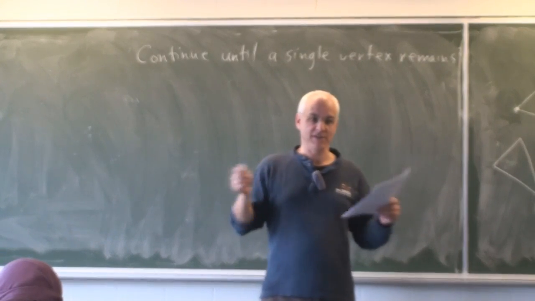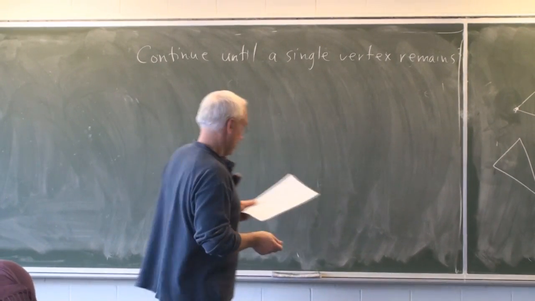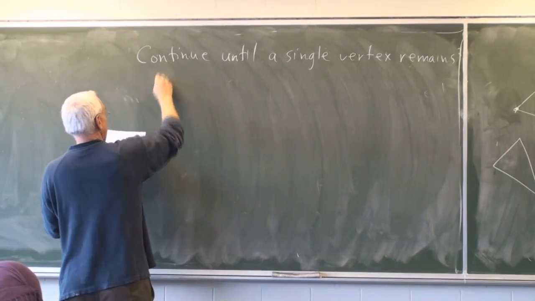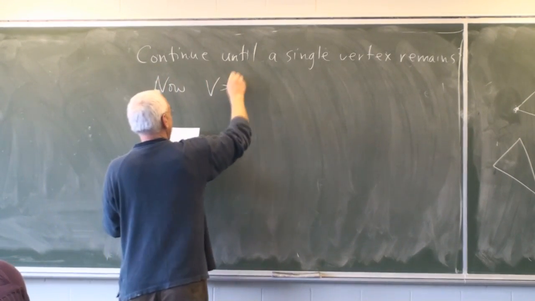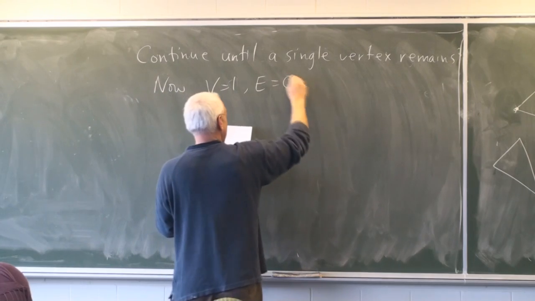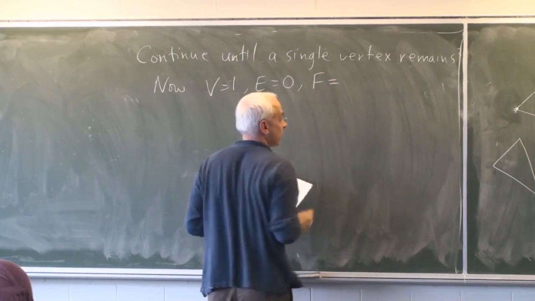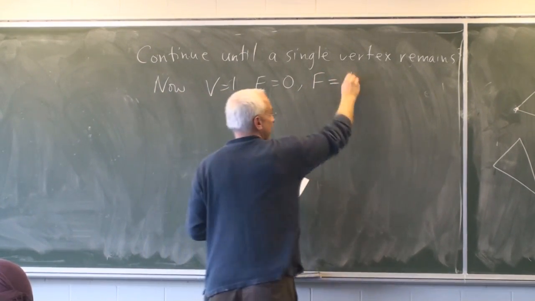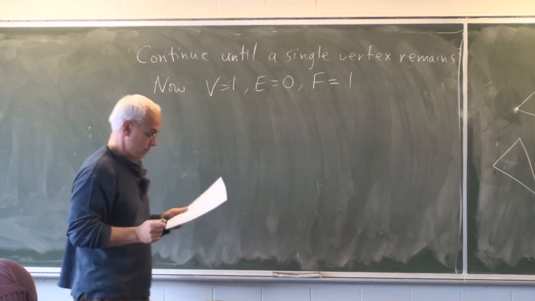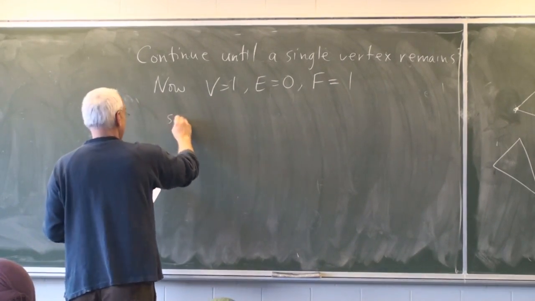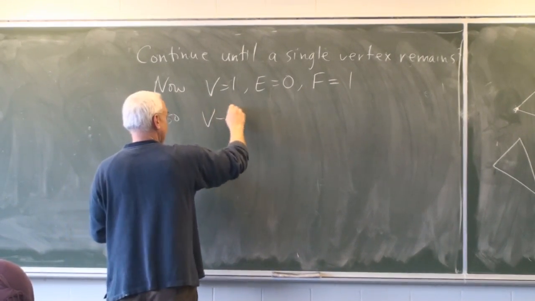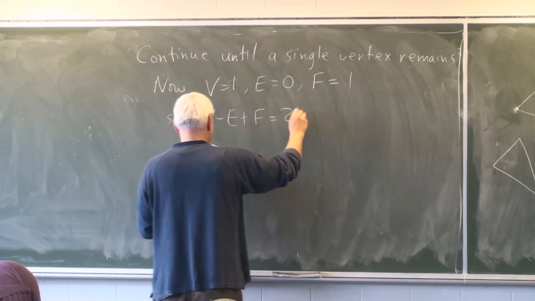It all stays connected. So at this point, we have V equals 1, E equals 0, and F equals 1, because it's only the one outside face. And so V minus E plus F equals 2.